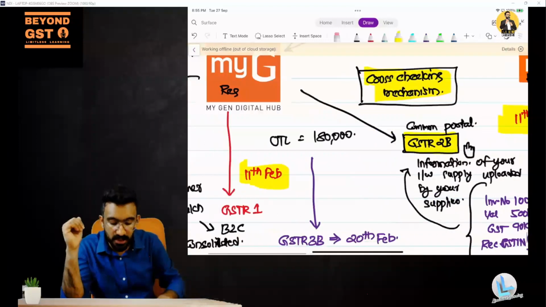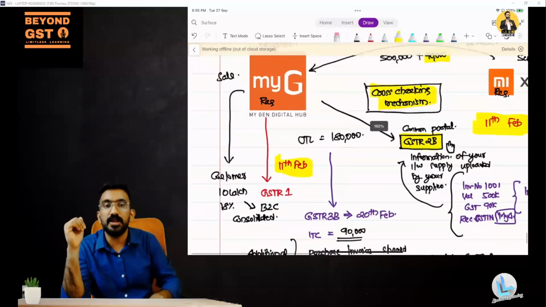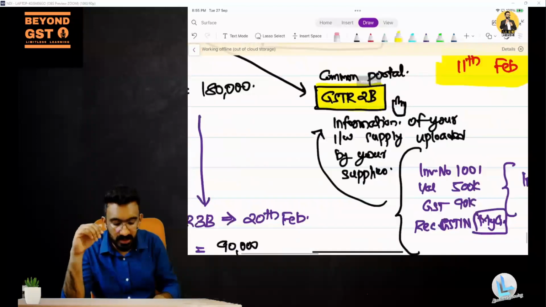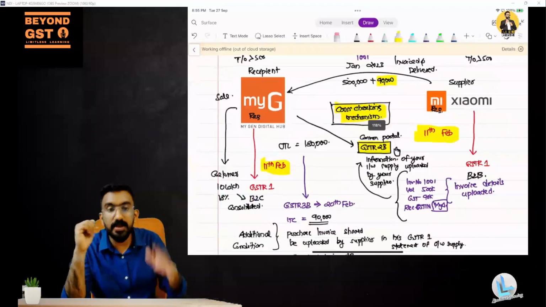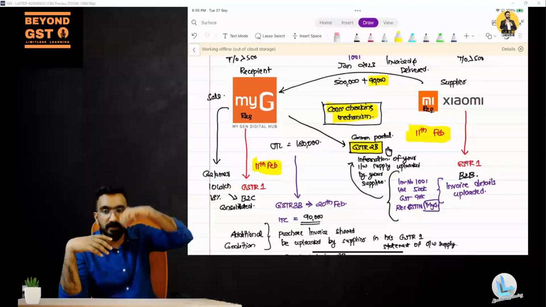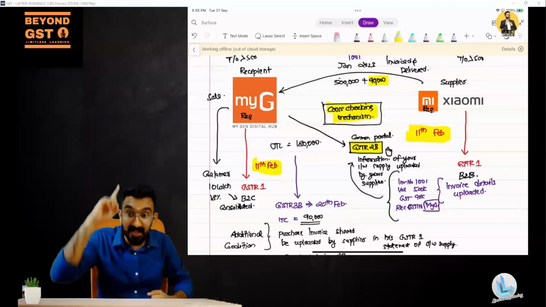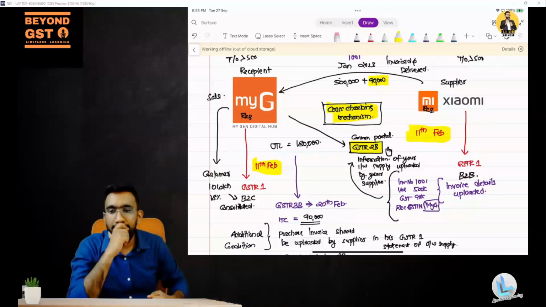So MyG has to go to their common portal, click on this return called GSTR2B. In that GSTR2B, there will be all the invoices where the supplier has uploaded the information in their GSTR1 and where the recipient name is MyG name. Are you guys understanding?